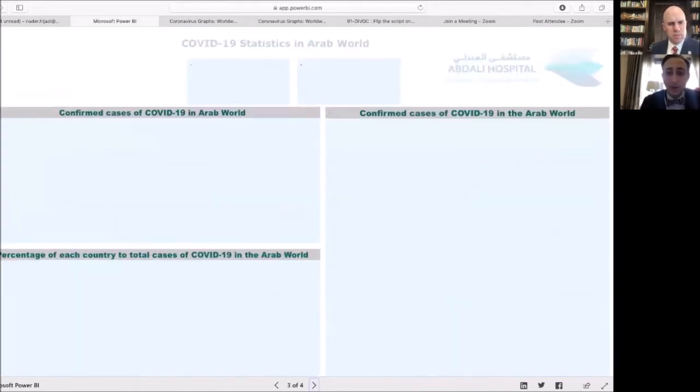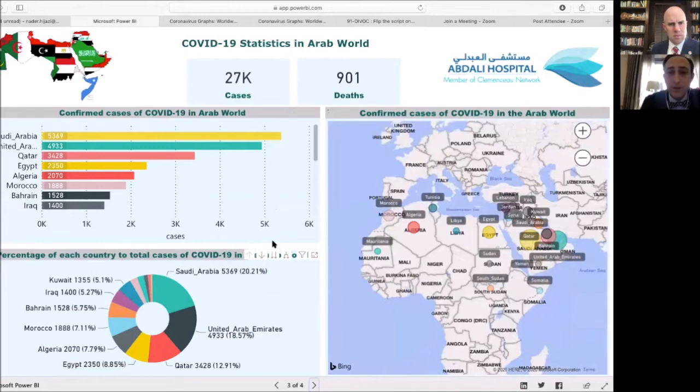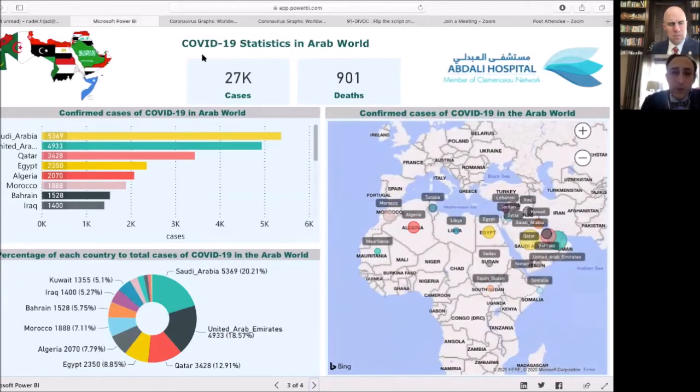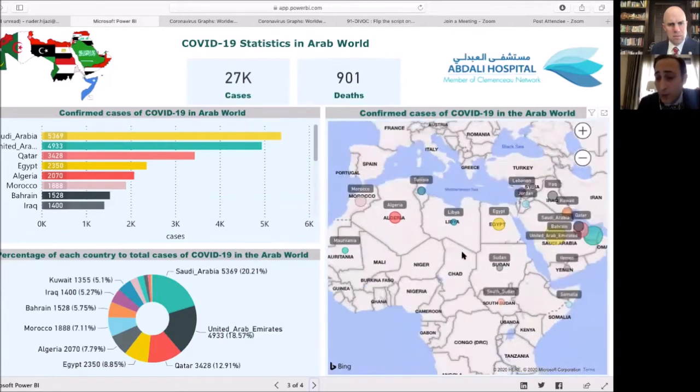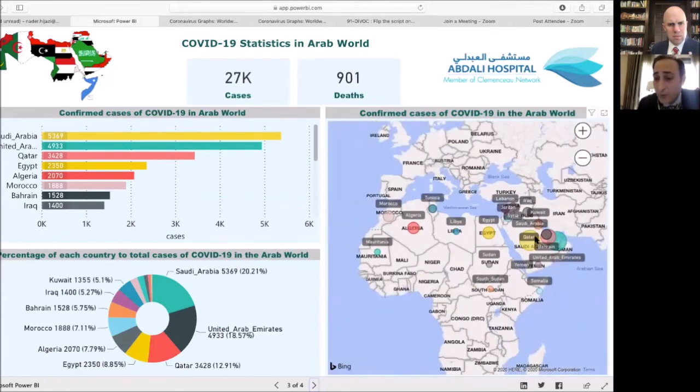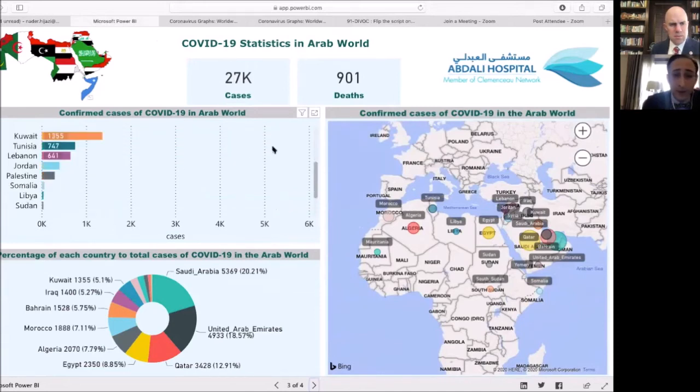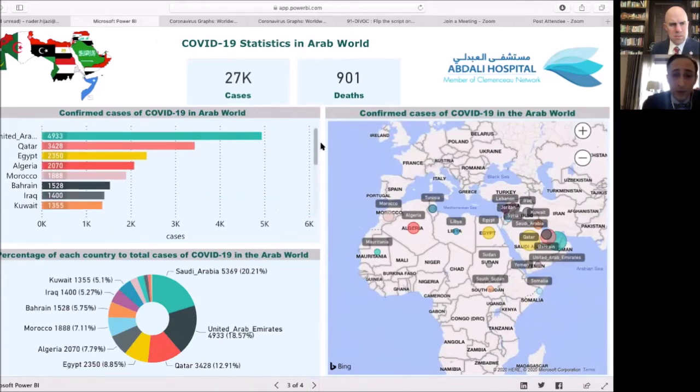Okay, so this is more of a simplified web page. We're trying to put the different regional countries, the Arab countries, the Arab world, and show different statistics of where we are. This is the total number of cases and deaths, and this is a visualization of the different countries. Of course, you can scroll up and down on this.